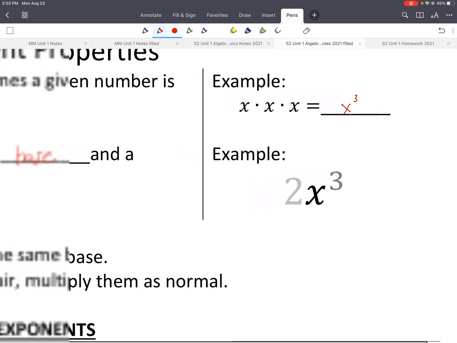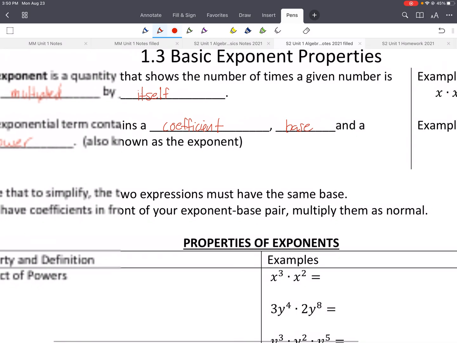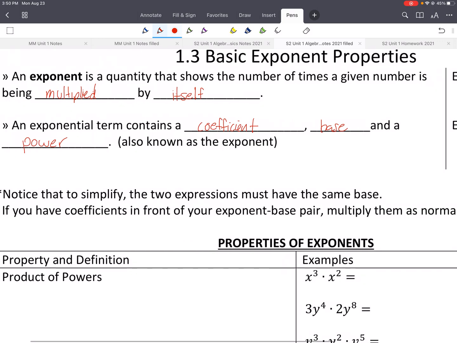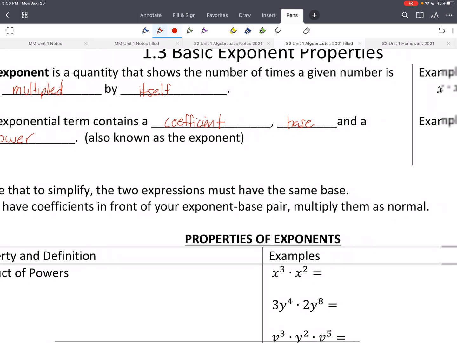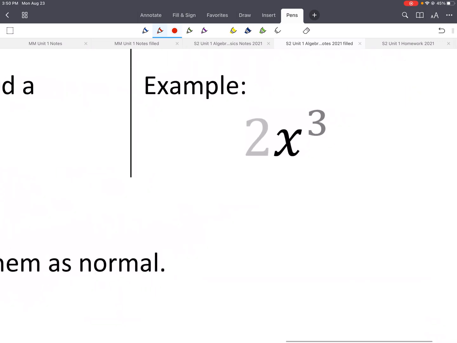All right, let's talk a little bit about vocab. An exponential term contains a coefficient, a base, and a power. Okay, and that power oftentimes we also call an exponent. So if we look at this example, this would be our coefficient. We talked about coefficients before when we talked about classifying polynomials.